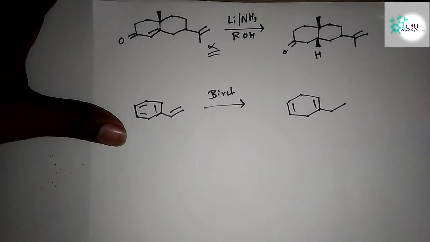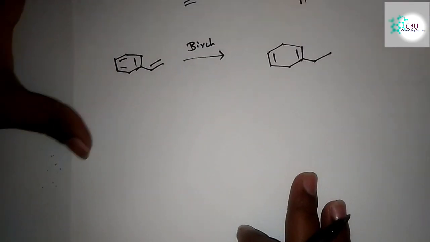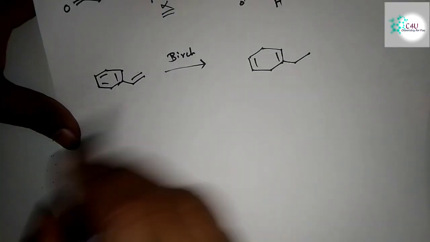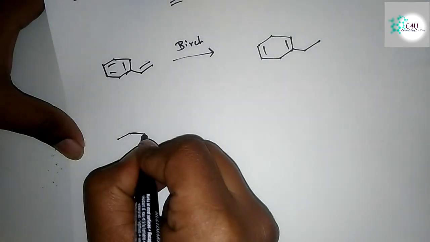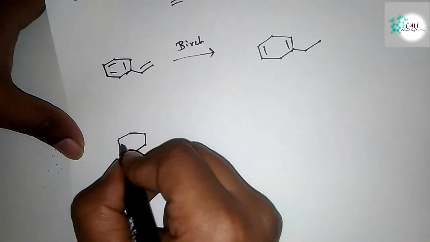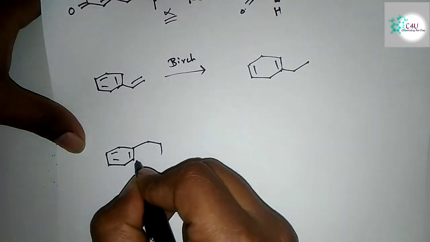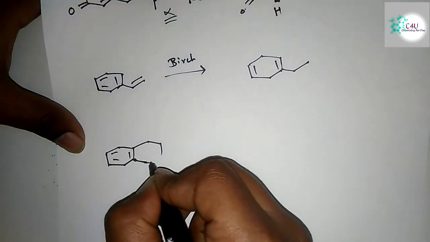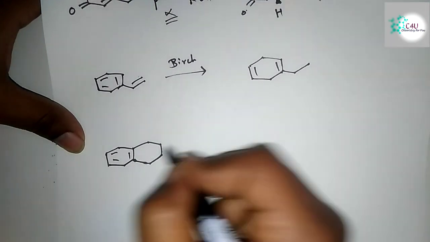Yeah, so I hope you got many of the examples. And now I have another example for your practice. You do it yourself. I'll come up with answers in my next video. So here I go. This example I'm taking from Carruthers.